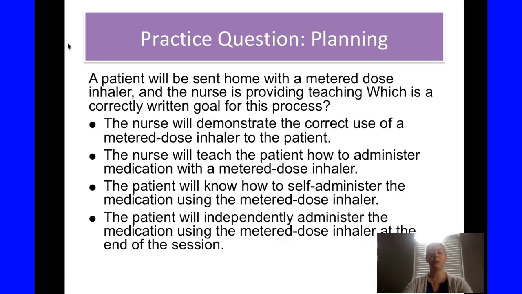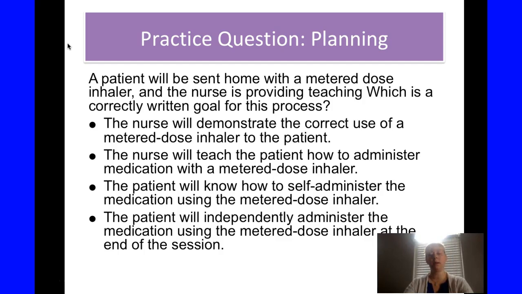The nurse will teach the patient how to administer medication with a metered dose inhaler. But is that really measurable? How? When? By when? The patient will know how to self-administer the medication using the metered dose inhaler. Okay, well, that's a little bit better. But they'll know how. How do we know that they know how? So let's go to the last one.